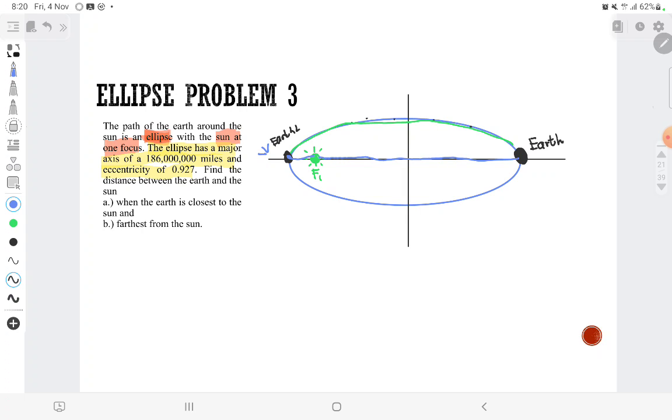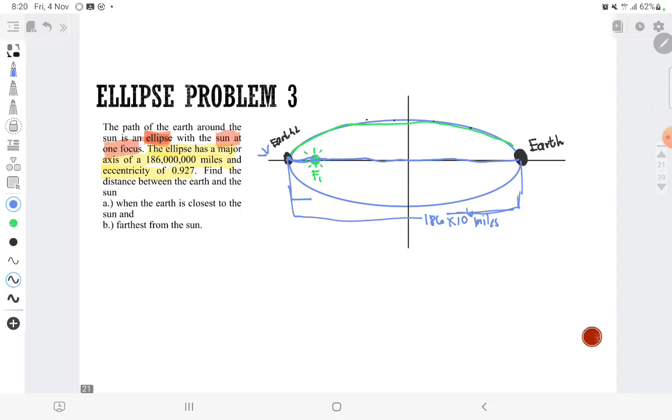Knowing that idea, and also the given, our major axis is equal to 186 times 10 raised to 6 miles. From this we can easily solve for this distance.